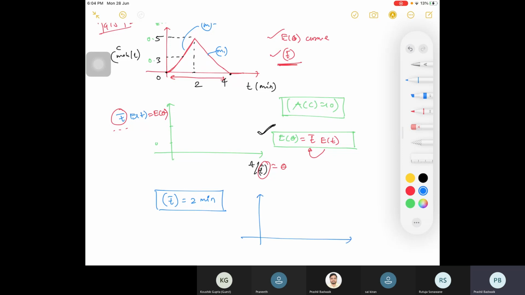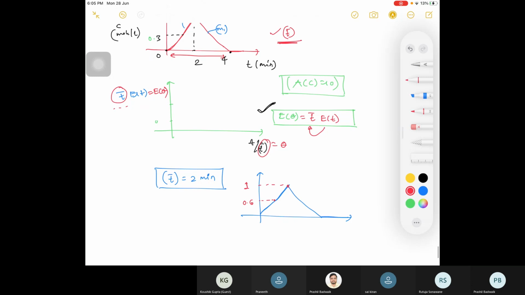Everything will be multiplied by 2 on y-axis, right? So this value will be your 0.5 into 2, that is your 1, and this will be your 0.6. Such kind of curve you will get. So on y-axis you'll be having E theta, and if you do it, you will get 1 here, and here it is 2, divided by 4 divided by 2, that is your 2, and 4 is 0. Are you guys getting this?